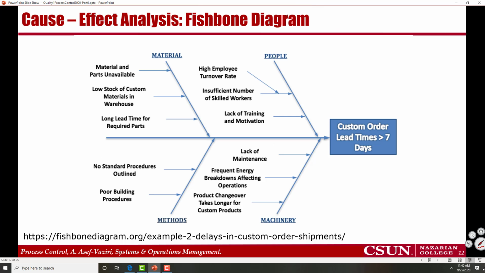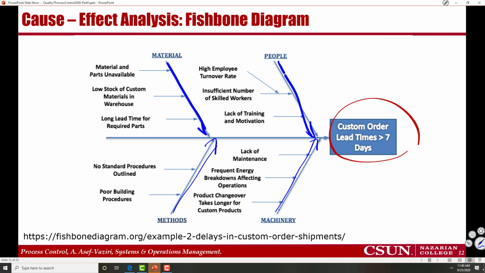This is another example of a fishbone diagram or cause-effect analysis. Lead time of delivering our product is greater than 7 days and we are unhappy with it. Sources could be people, material, machinery, or methods. People: our employees do not stay in our company for a long time.